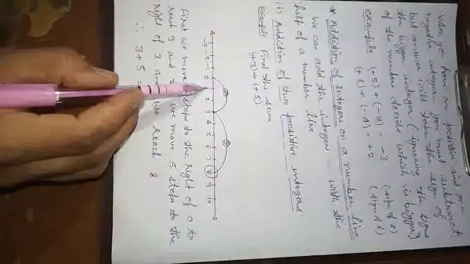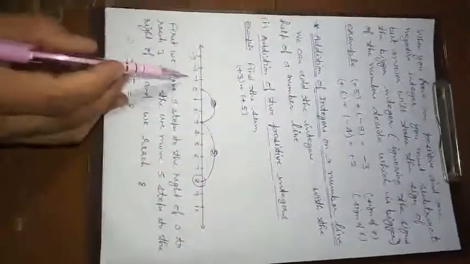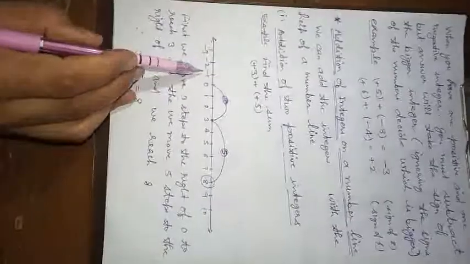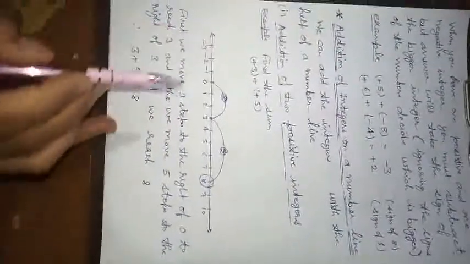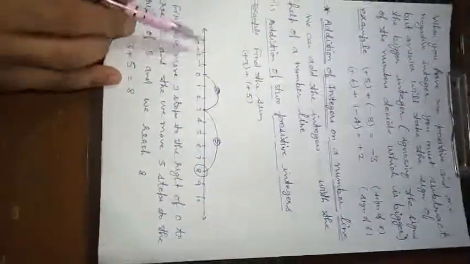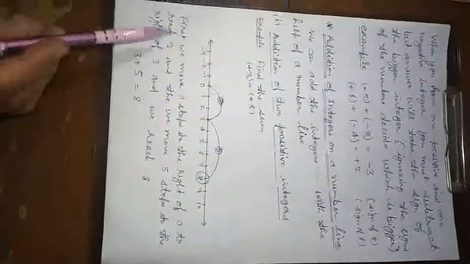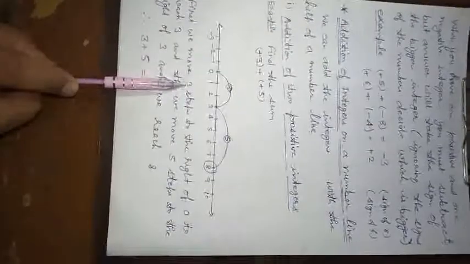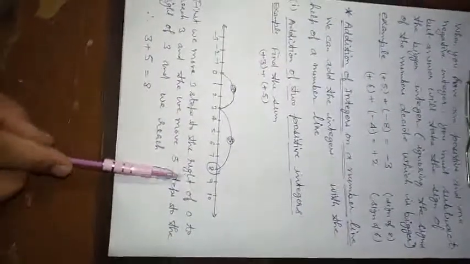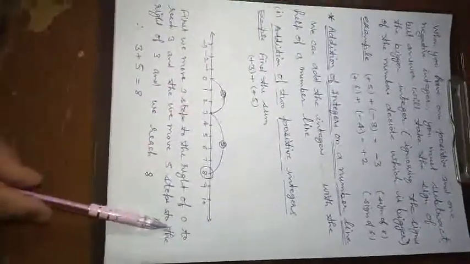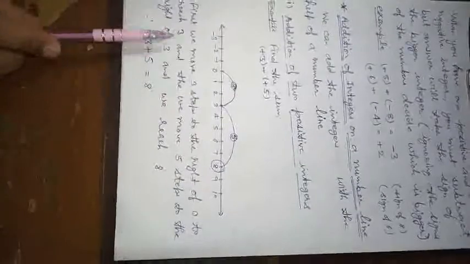We write starting from 1, and on the left of 0 there are negative integers. So to find the sum of plus 3 and plus 5, first we move 3 steps to the right of 0, to reach 3.